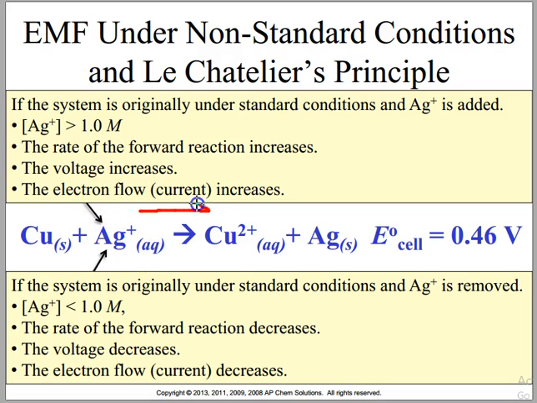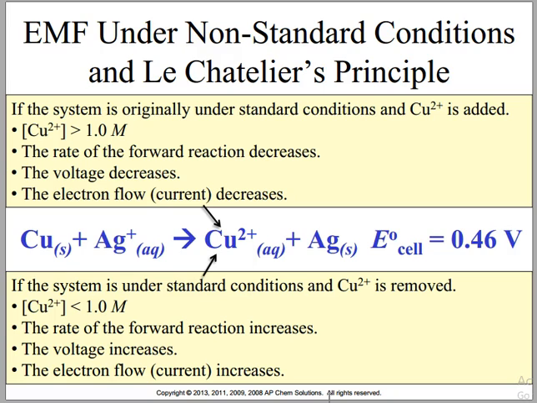Okay, so that's if we move this way, then everything here increases. But if we remove silver ion, the reaction will move this direction and the rate decreases, voltage decreases, and the electron flow decreases.